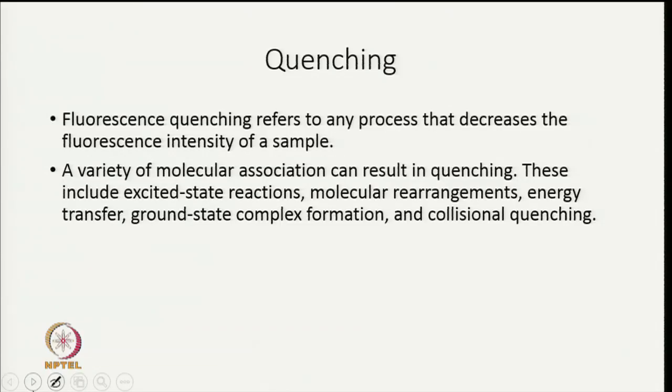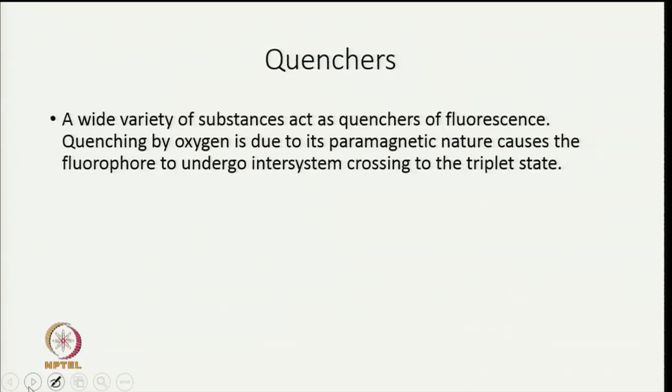Quenching is any process that decreases the fluorescence intensity of the sample, and a variety of molecular associations can result in quenching, and that is why quenching can be used to study molecular association. The processes include excited state reactions, molecular rearrangements, energy transfer, ground state complex formation, and collisional quenching. We will go one by one and discuss it.